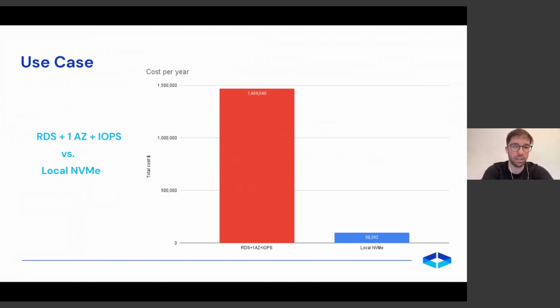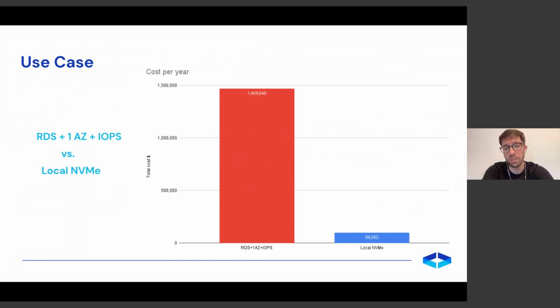We simplify that to keep unit into RDS, 1AZ, so no multi-AZ, and provisioned IOPS. Obviously, for high availability and production, they use RDS with multi-AZ. But in any case, to simplify the problem, we end up getting to a price tag of 1.5 million a year on RDS with provisioned IOPS to serve all the databases that their company requires.